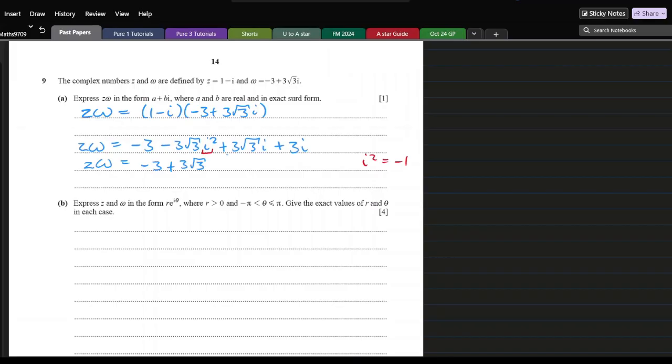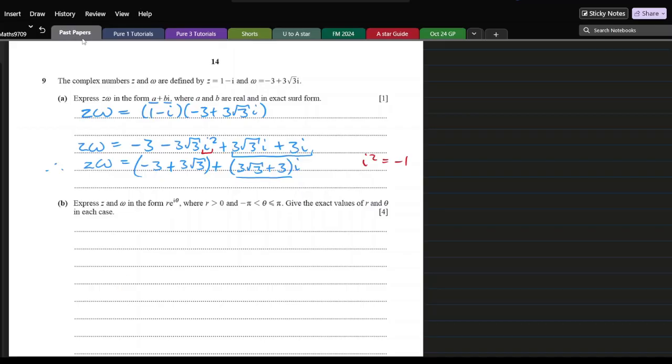And then for the second part, I'm just going to factor the i out. So this becomes plus 3 root 3 plus 3i. So this part is the real part, and that's the a, and then this part is the imaginary part, the bi. Okay, and this is our final answer.